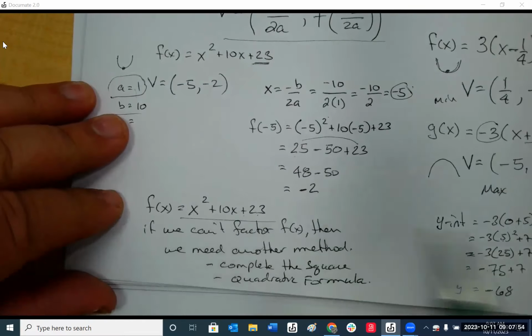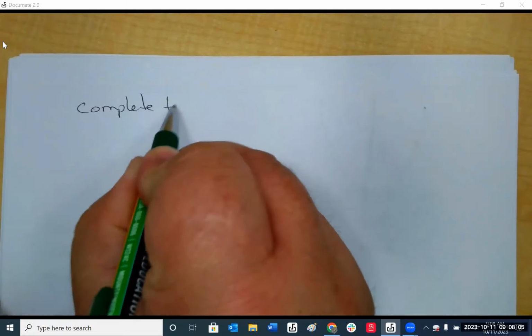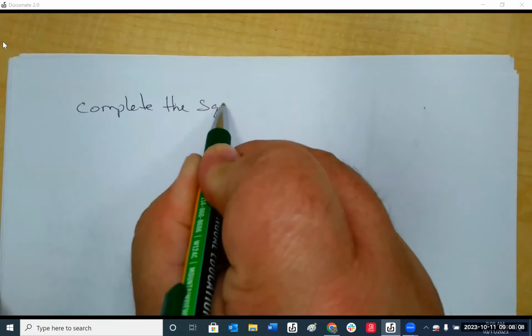So we'll use this one as the example. This one's going to be called complete the square.